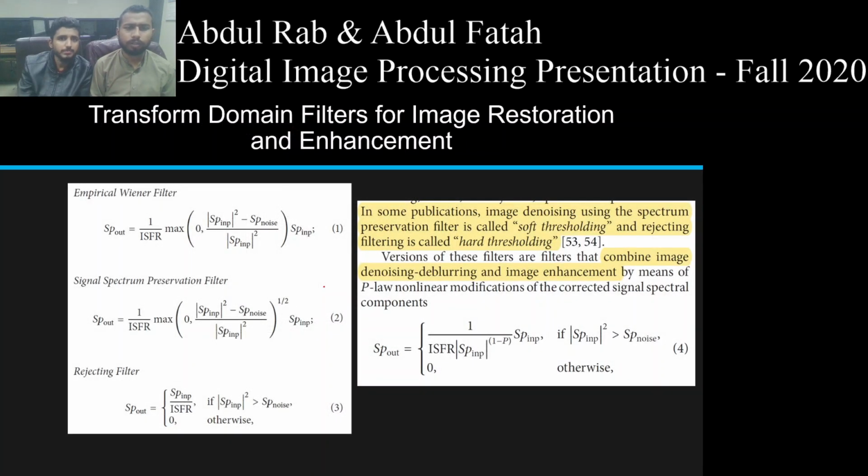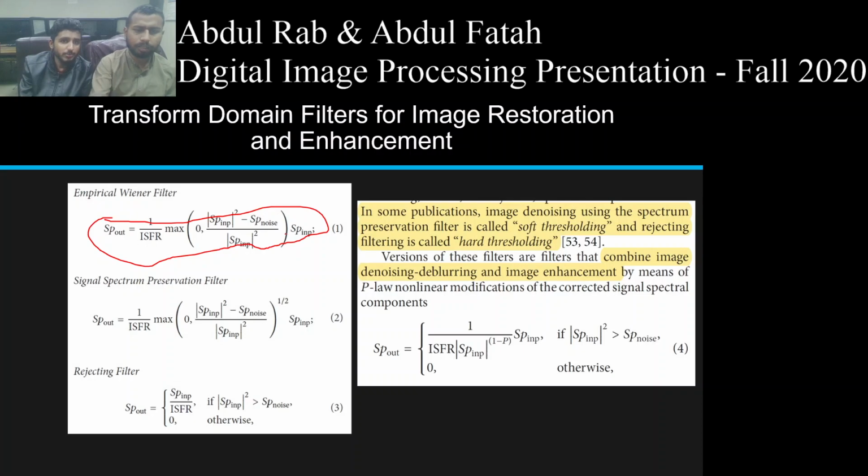Here are the transform domain filters for image restoration and enhancement. We will use 3 of these filters. The first one is the empirical Wiener filter, and this is its definition. In this we get the output result for each pixel.